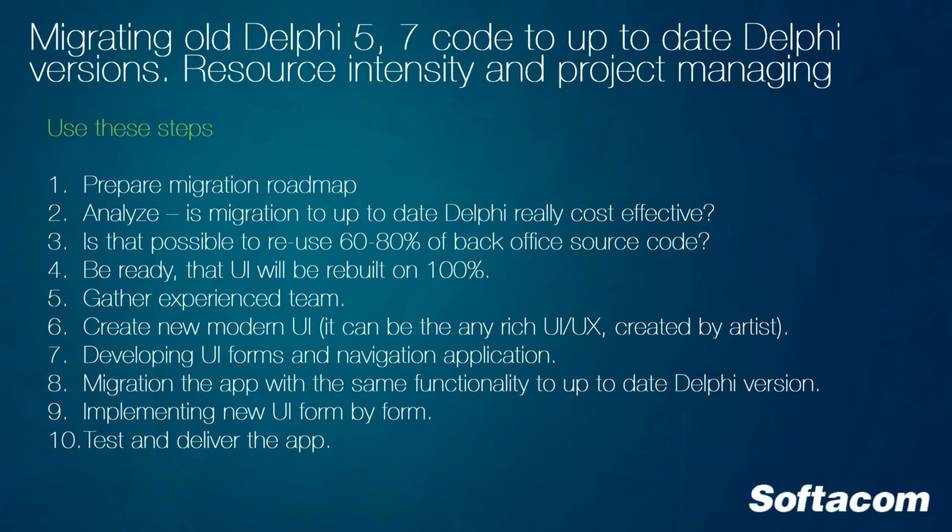For an existing VCL application, we take the first form, add it to the application, change the code, create the links, and so on. And of course, in the end, we test and deliver the app, and it works. And in the end, we have successful clients who really have good-looking modern applications.